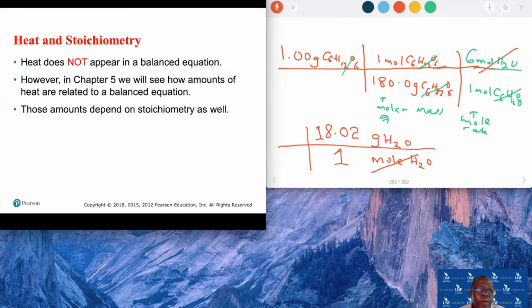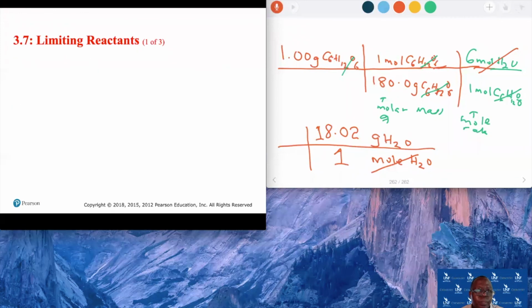There is heat, which I will leave to thermochemistry, chapter 5, where we will look at in detail how heat is also factored in, in reactions which produce heat. All right, any other question?